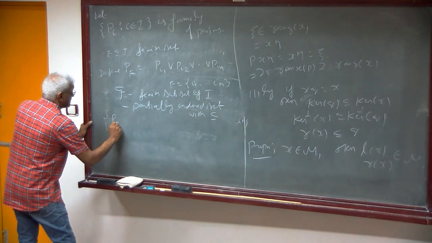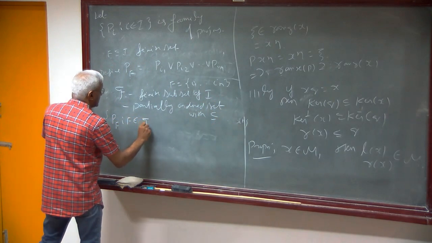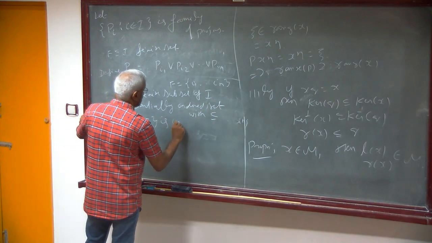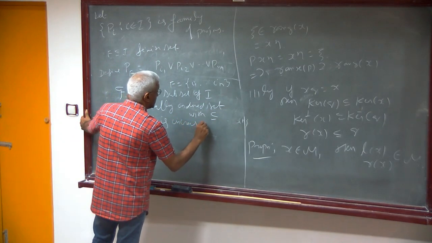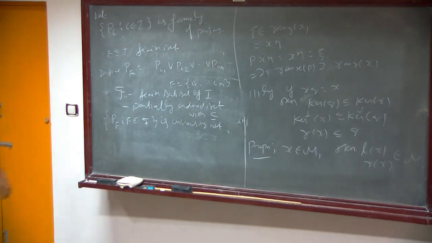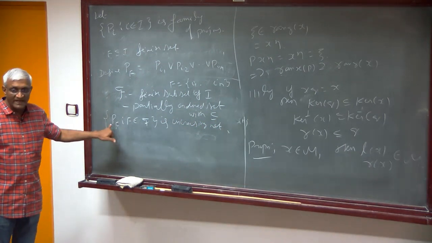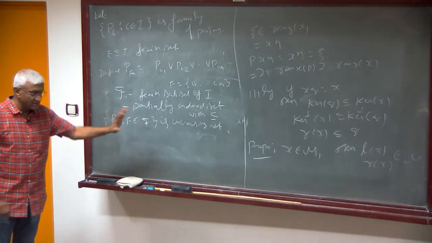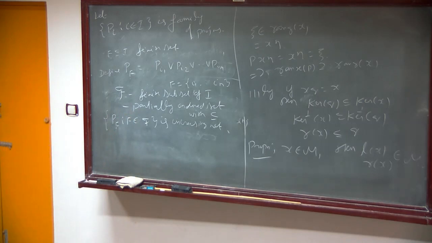Then this is an increasing net indexed by all finite subsets, P_F, and this has a strong limit.